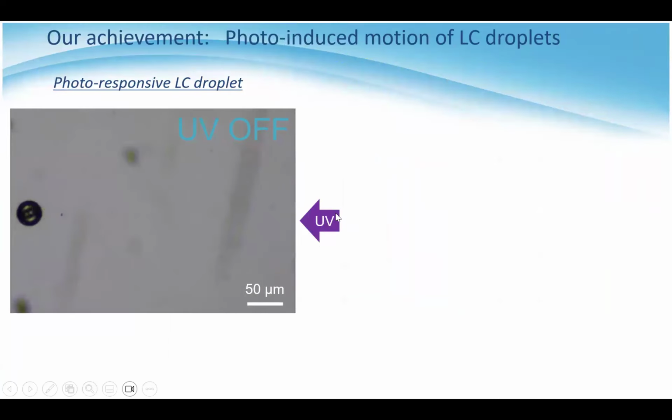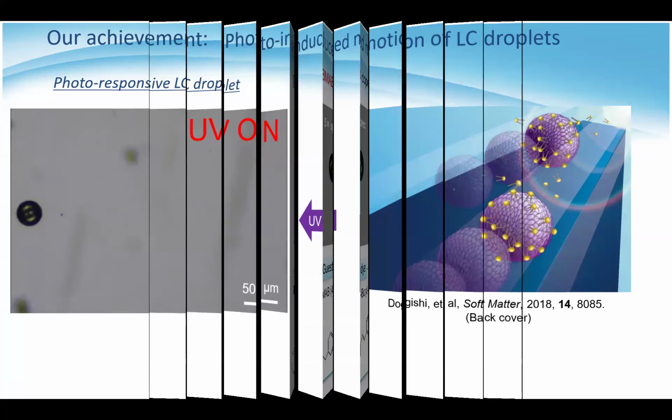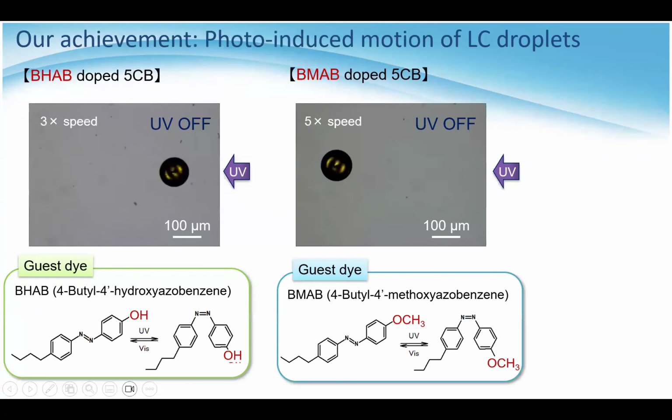And in our group, we've studied the photo-induced motion of liquid crystalline droplets. What we found is that photoresponsive droplets move towards the light source by rolling on the substrate when the light is on. And we can even modify the droplet so that it moves away from the light source when the light is on.